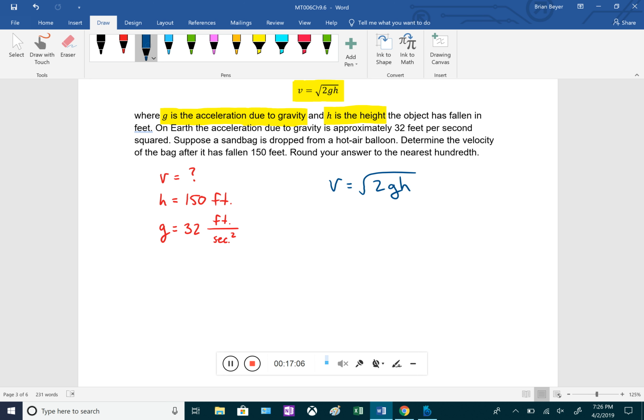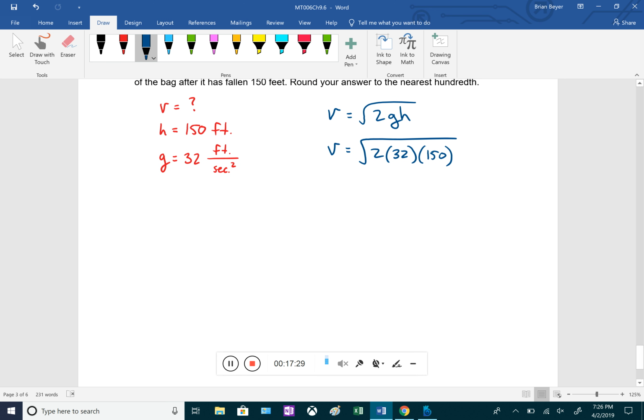Okay, so don't worry too much about the units, especially for acceleration here. If you haven't seen it before, it probably looks pretty confusing. So for velocity here, now we can plug in all these numbers. So it's going to be velocity equals the square root of 2 times g, which is 32, times h, which is 150.